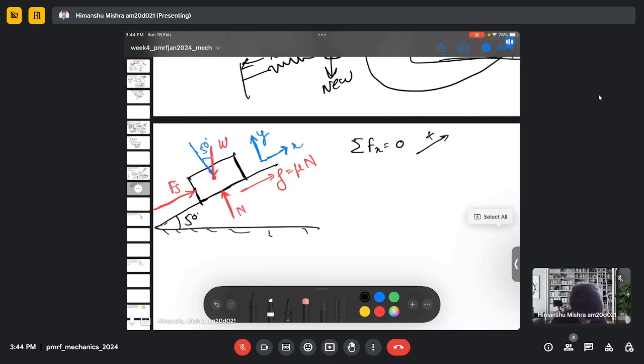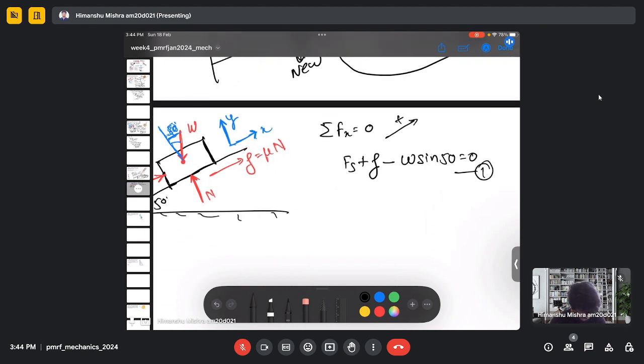So we will have Fs plus friction force plus the component of weight, which is going down here, so it will be minus W sin 50.